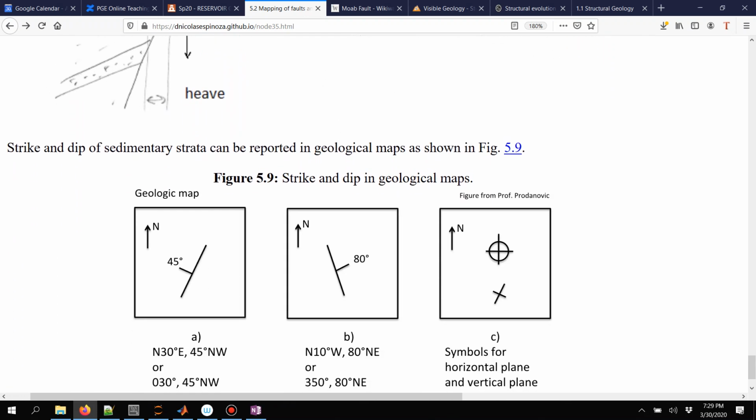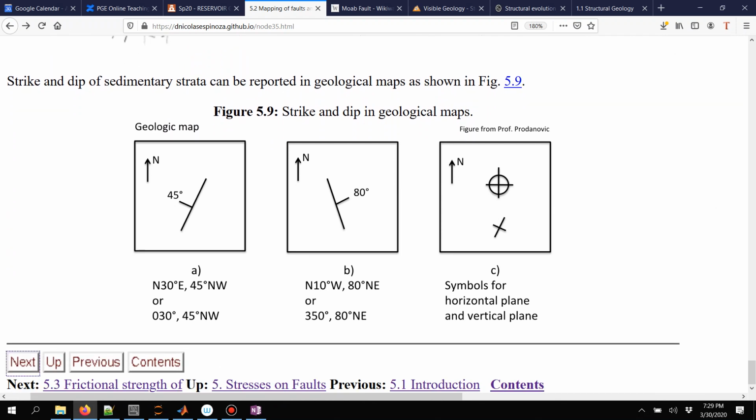And another type of symbols that we use in order to tell what is the dip and what is the strike of geological features are all these symbols. For example, here, this symbol means that this particular plane has a strike which goes along the long line and a dip along the short line, and the number tells you what the dip is.